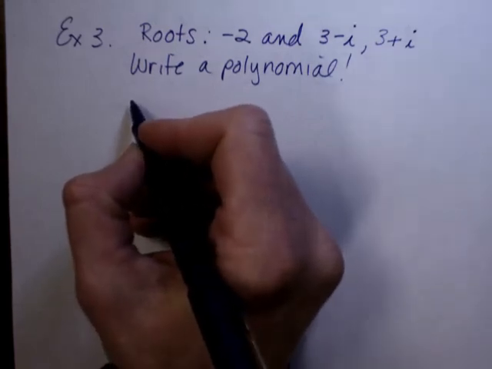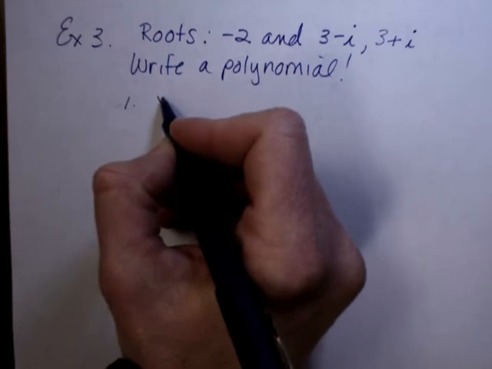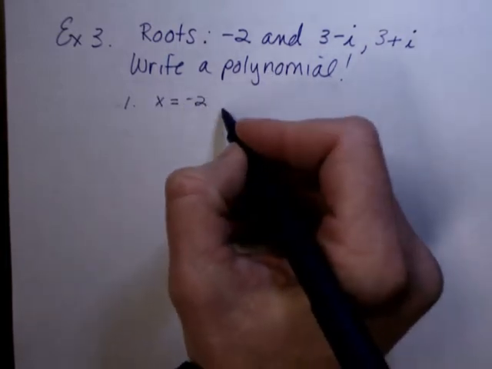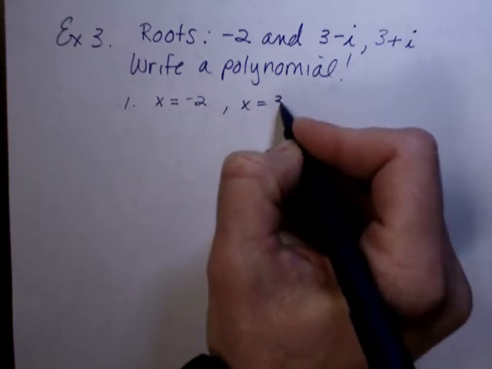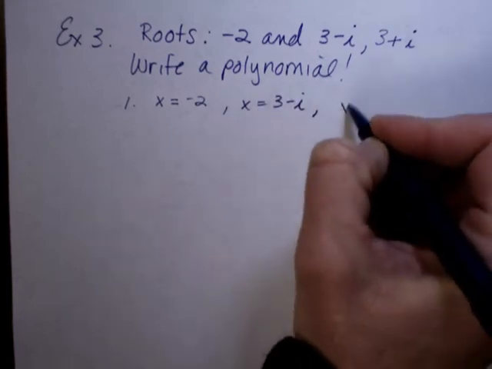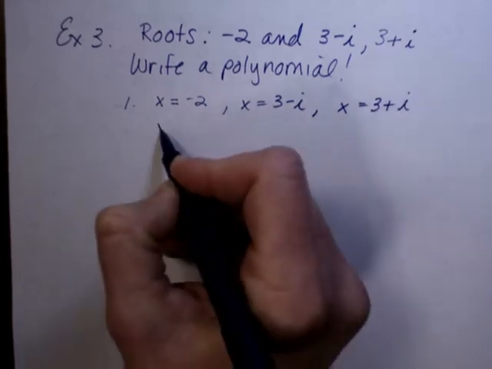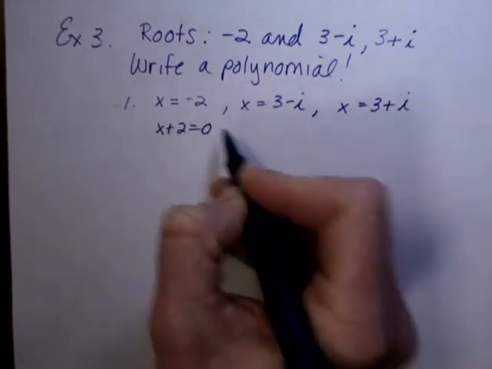So first step is the same. We want to write these as equations. Then we're going to set each equal to 0.